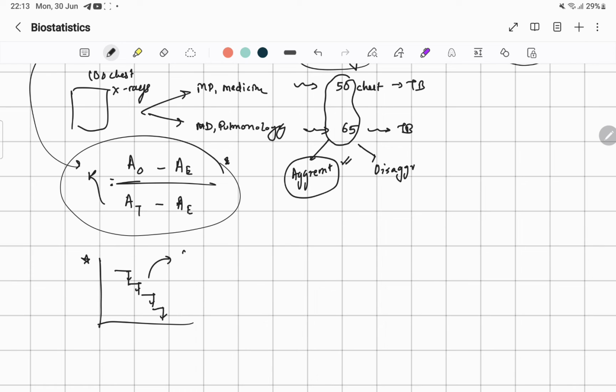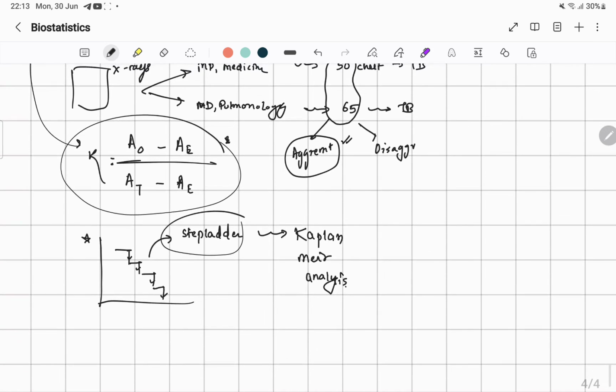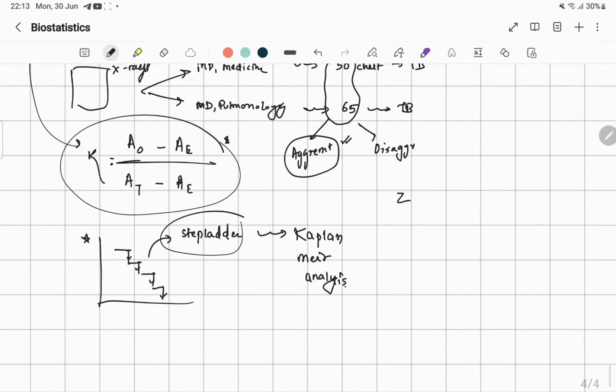So it is a step ladder pattern, and this step ladder is called Kaplan-Meier analysis.